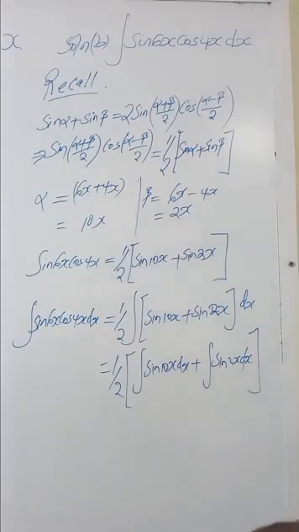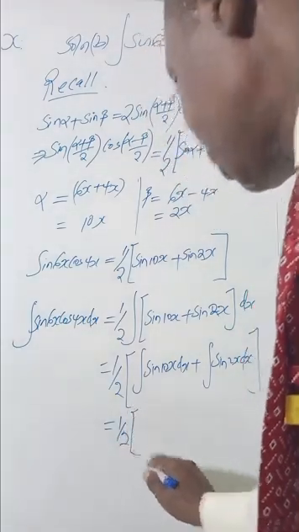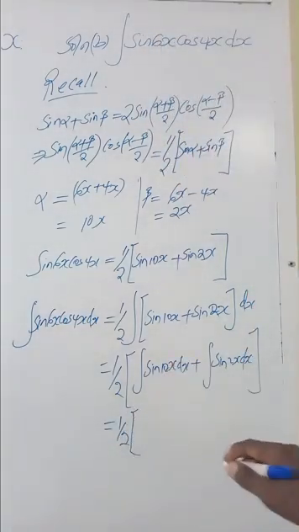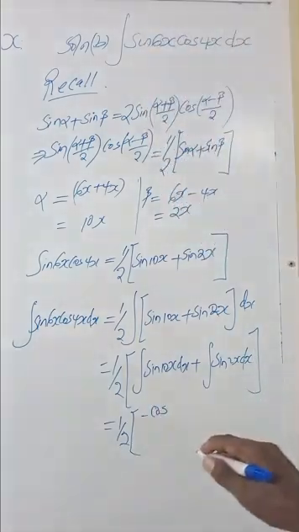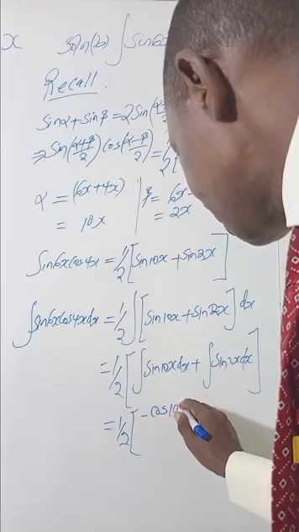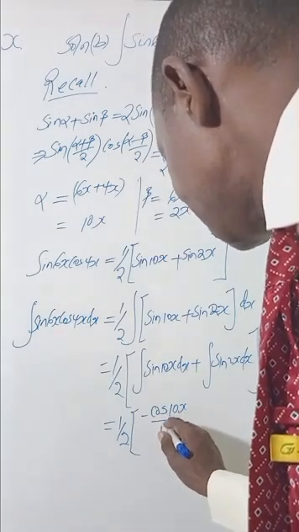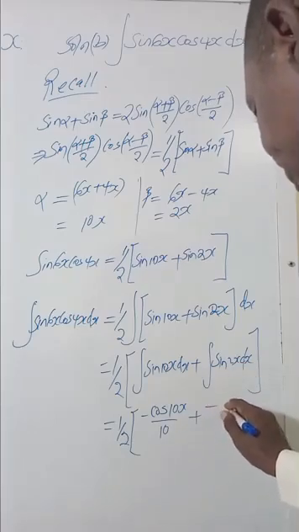This one gives us a half square bracket, integrating sine gives negative cos. According to part A, cos 10x divided by 10.